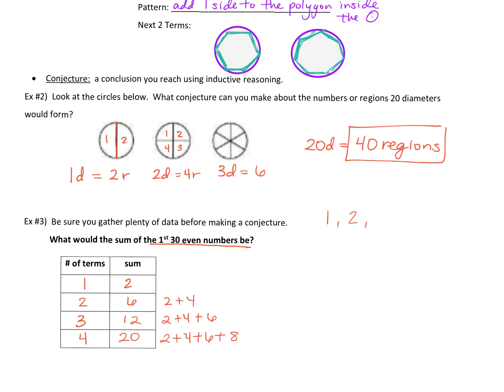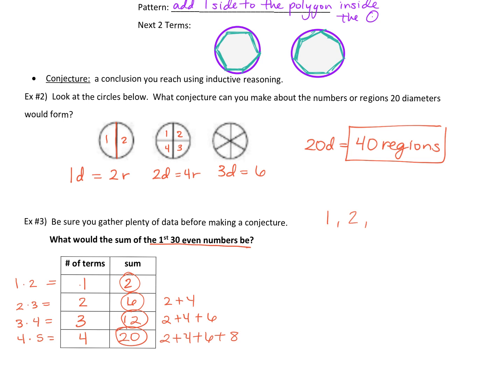Look at this, okay? For 1 term, we did 1 times 2, right? Got us 2. For the second term, we multiplied by what? By 3. 2 times 3 got us 6. For the third term, we multiplied by 4, and that got us 12. For the fourth term, we multiplied by 5, and that got us 20.